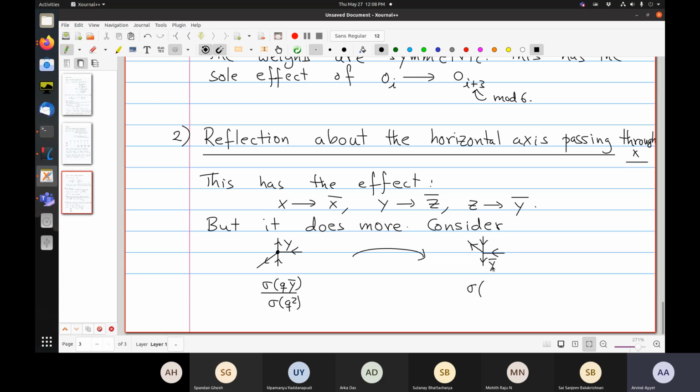So this will become sigma q y divided by sigma q square. So I'll have to do another bar, or if you want, rotate your head 90 degrees and confirm. So what has happened now is this has become messed up. It was a q y bar over here and it became q y.